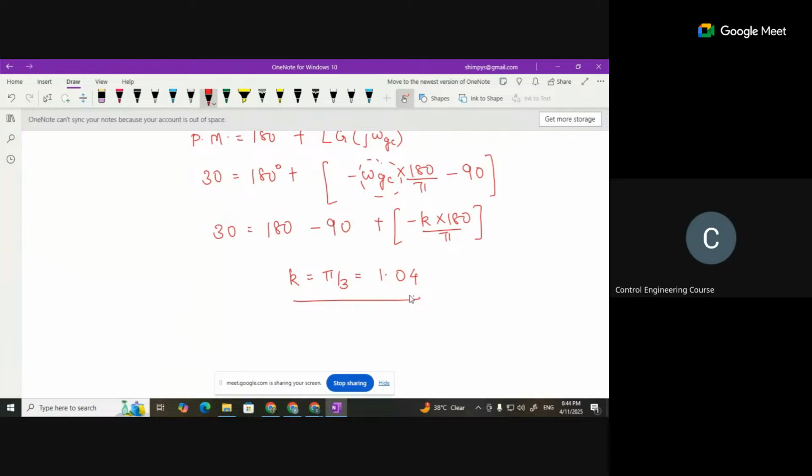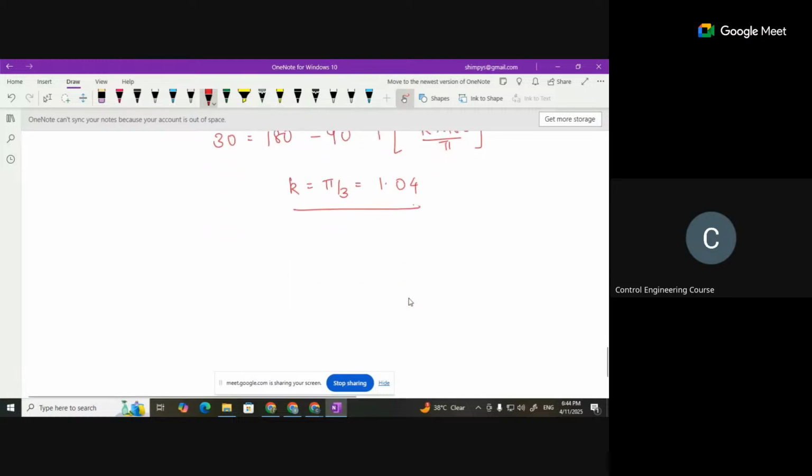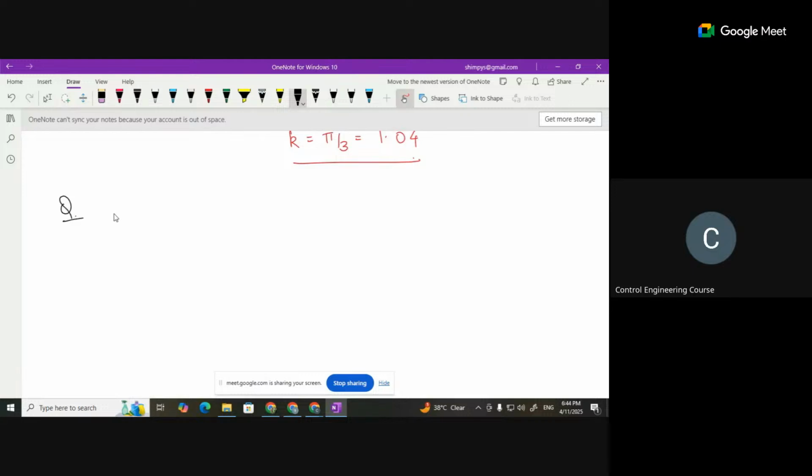So I'm giving you one more question, a similar type. You just try it and see. You have to find out the value of A, where the open loop transfer function of the system is given as G(s) equal to 1 by s(As plus 1).